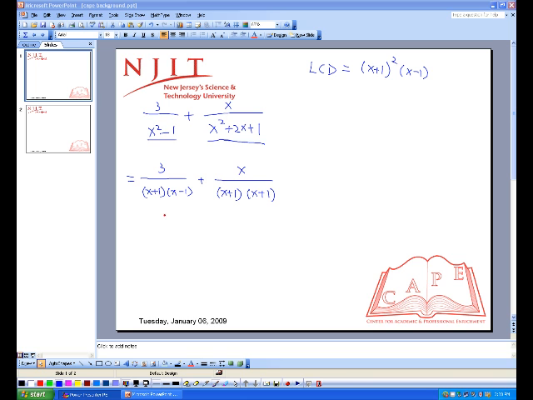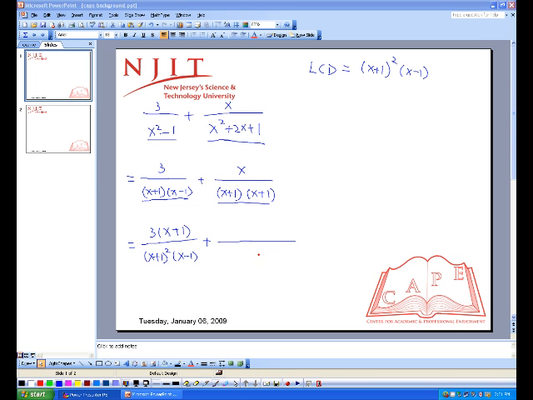Now our goal is to convert both denominators into the least common denominator. The first expression is x plus 1 times x minus 1. In order to make this into the least common denominator, we have to multiply by x plus 1. So let's multiply the numerator also by x plus 1, and the bottom would simply become the least common denominator.